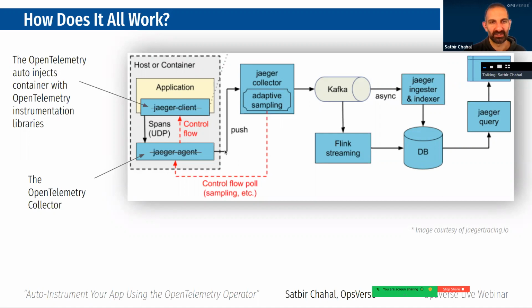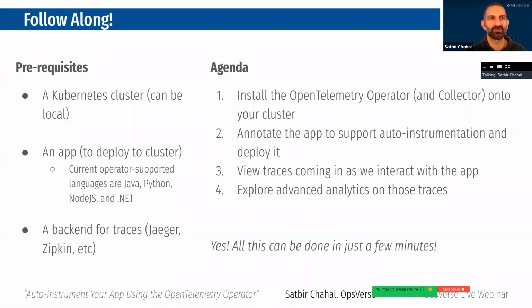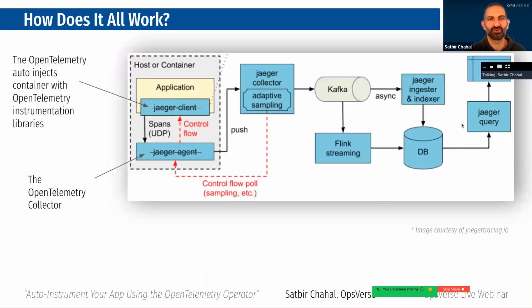And then when I went to Grafana to look at the traces, that's everything pulling from here, that DB, the rich insights coming. So it's actually an awesome little thing. I skipped through this early on because I thought we would run out of time, right? But I think we're okay to show exactly that flow. Here the OpenTelemetry Operator auto injects the container with the libraries, and it goes through the flow.